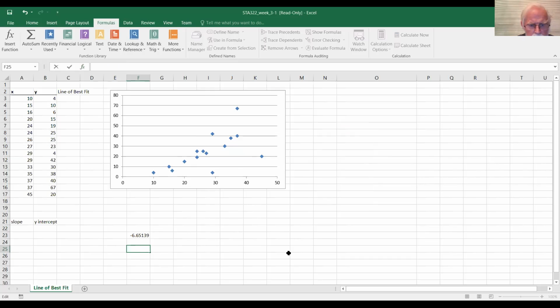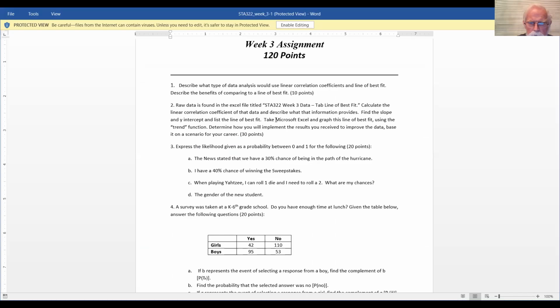The other thing that your instructions tell you, let's go back to those right quick, is to take Microsoft Excel and graph this line of best fit using the trend function. Well, let me give you an idea as to what the problem is there, because it really doesn't work exactly the way they imply that it works.